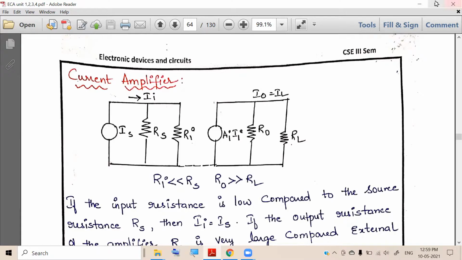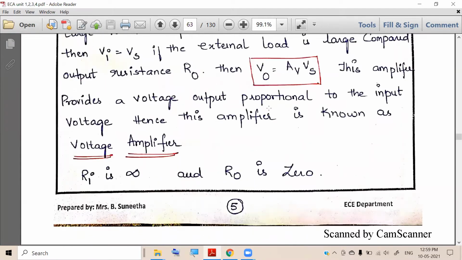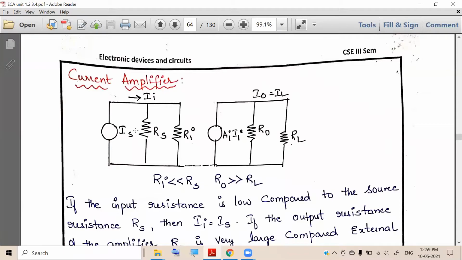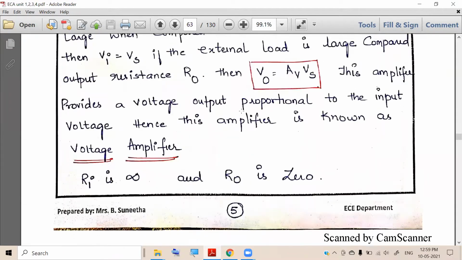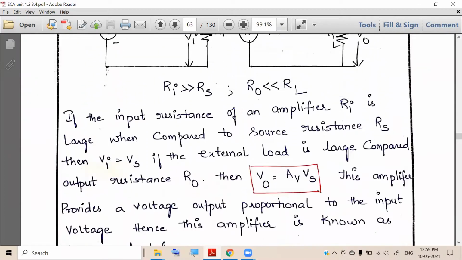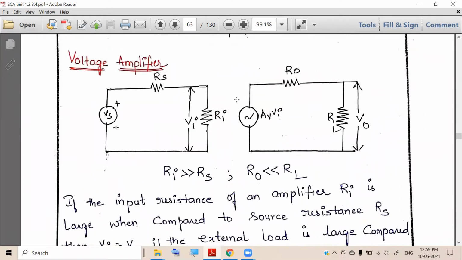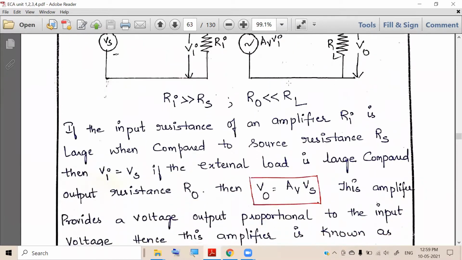Now again, if we consider the input side, we did source transformation. Even at the output side, we can do source transformation. This is like a voltage source with a resistance.